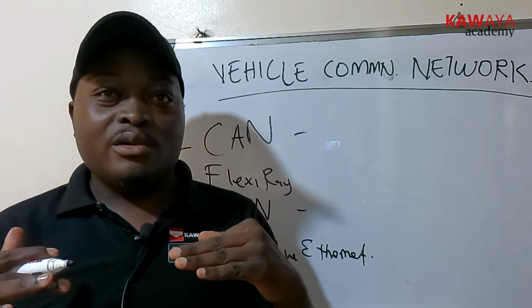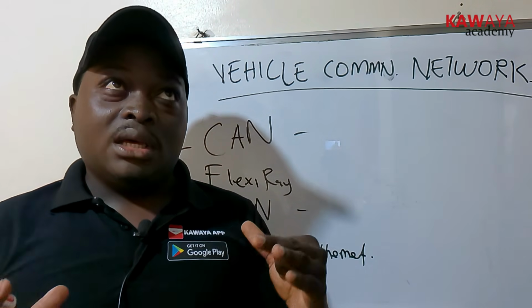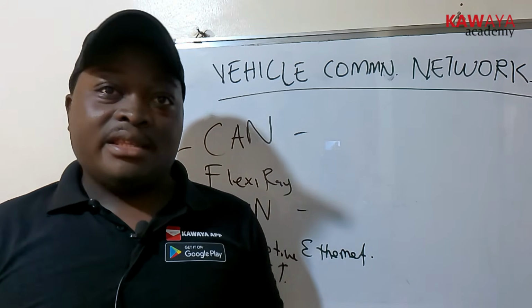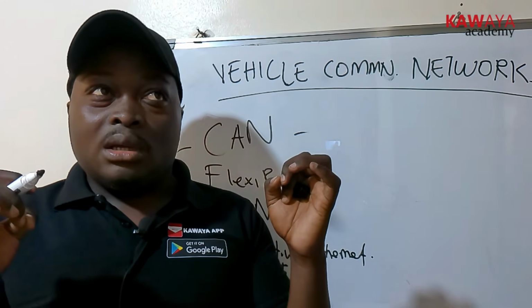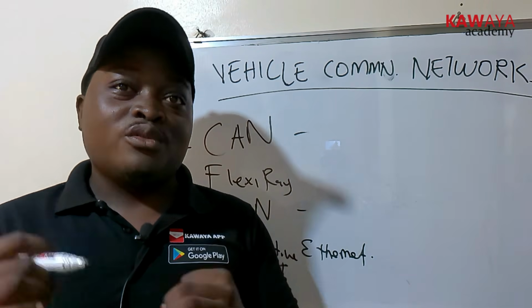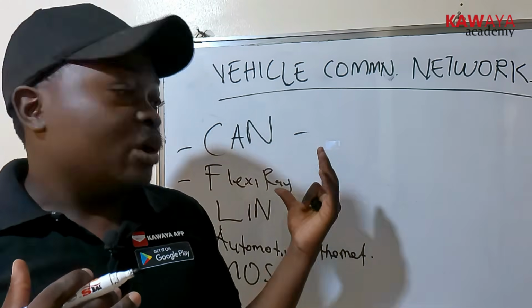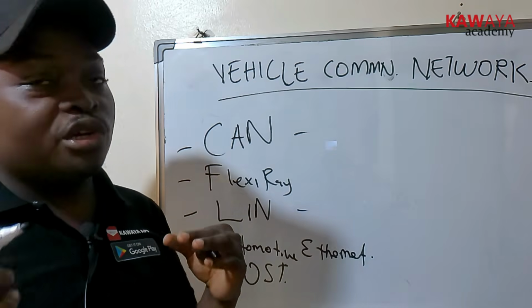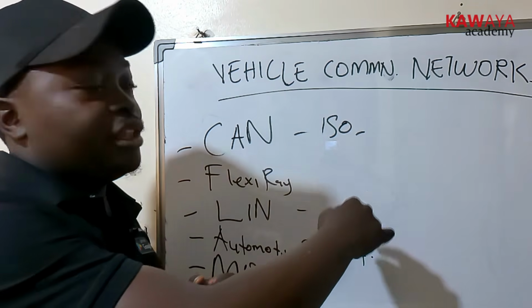Now, before I go into CAN, let me talk about communication protocols. Most of you have heard about communication protocols, like the SAE J1850 and so on. A communication protocol is a set of rules that governs transmission of data along a network, and you'll probably see a communication protocol inscribed as ISO something.